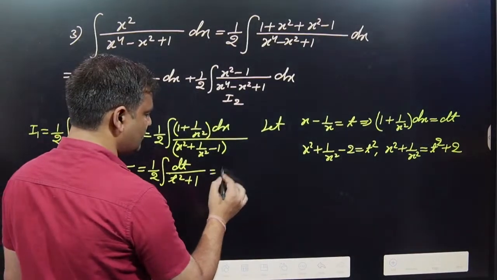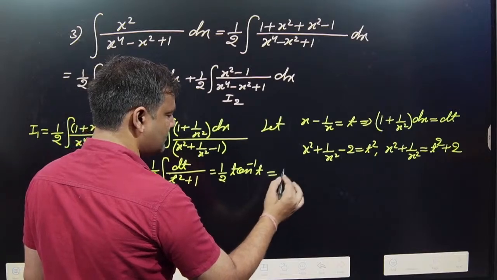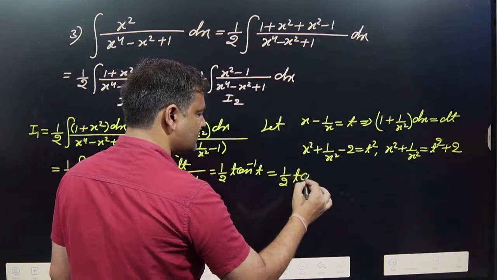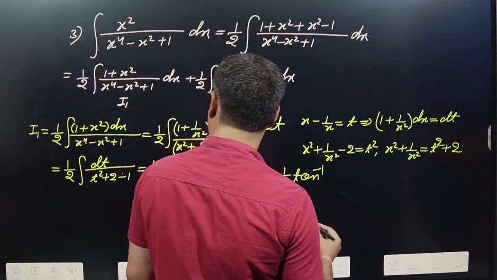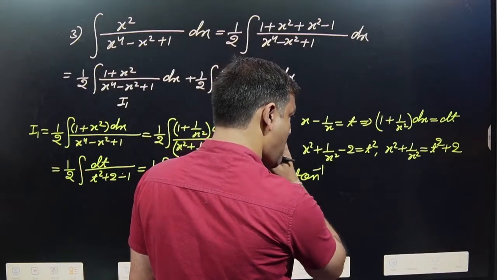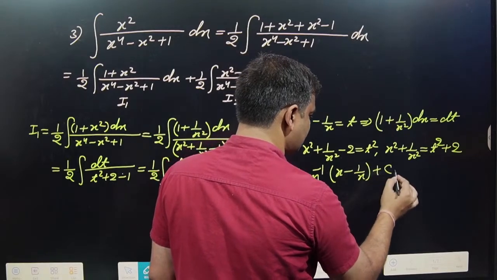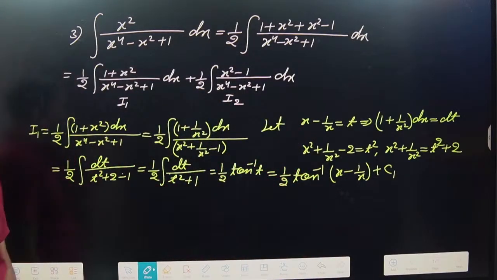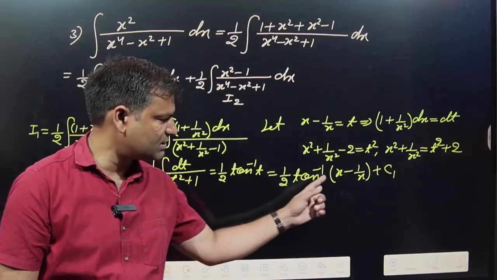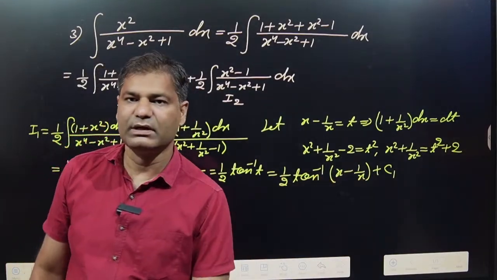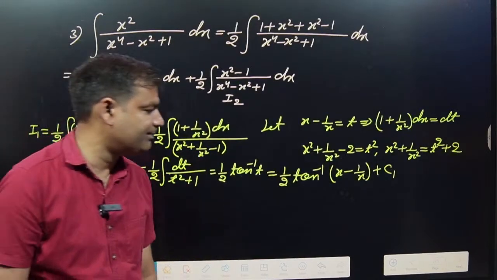Then the value is 1 by 2 into tan inverse t, and that is written tan inverse of t, basically x minus 1 upon x, plus c1. Okay, so we got 1 by 2 tan inverse x minus 1 upon x plus c1. Now after that we focus on the next, I2.